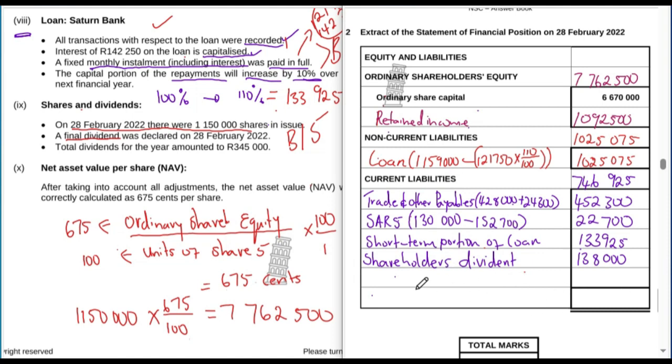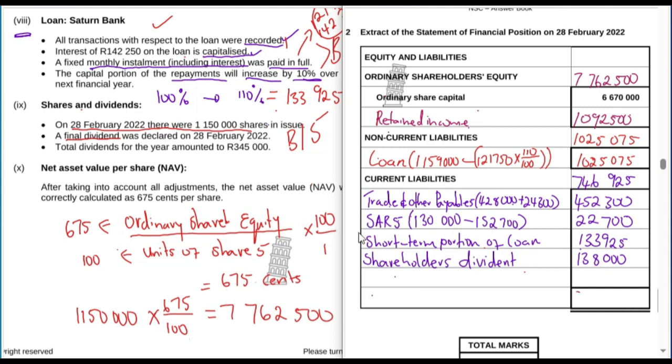And then now we can say 7,762,500 plus our non-current liability of 1,025,075 plus our current liability of 746,925, and then our final amount is how much?